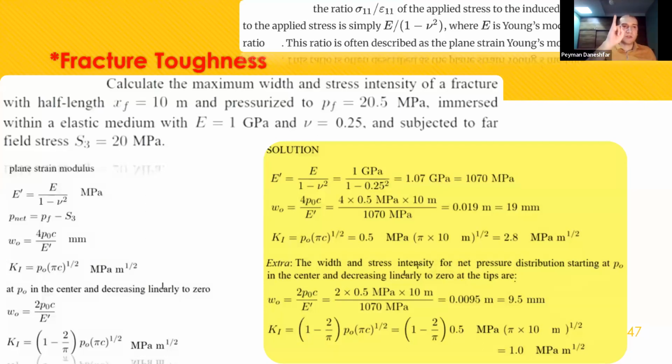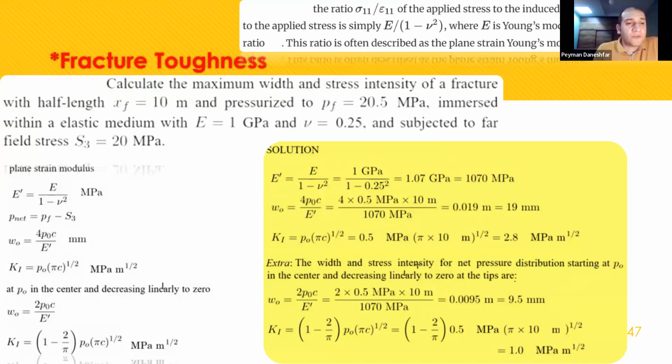So first of all, we should find the net pressure. Then we should find the fracture width. After the fracture width, and with the plane strain Young modulus, we can find the fracture toughness.